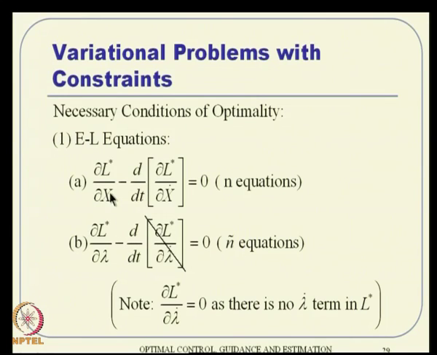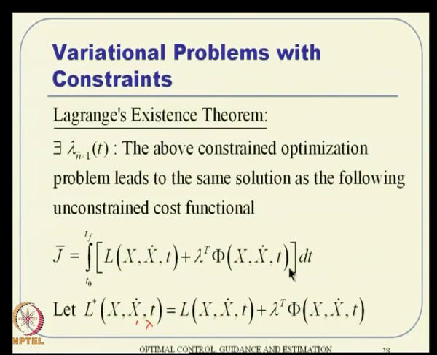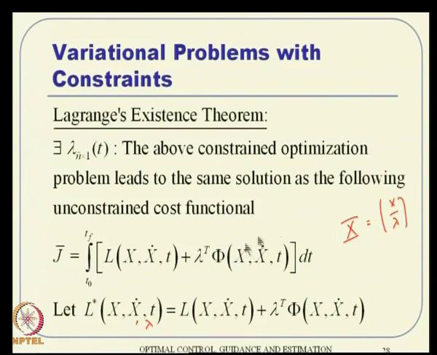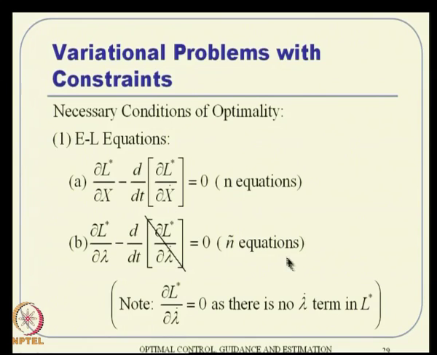If you are not comfortable with this idea, you can define some other vector, let us say a capital X, which is x and lambda, with the first component being x and the next being lambda, and apply the EL equation with respect to the capital X. Then it is equivalent to applying it twice with x and lambda separately, because by definition the components of big X first contain x and then lambda. So it is as good as writing it separately.